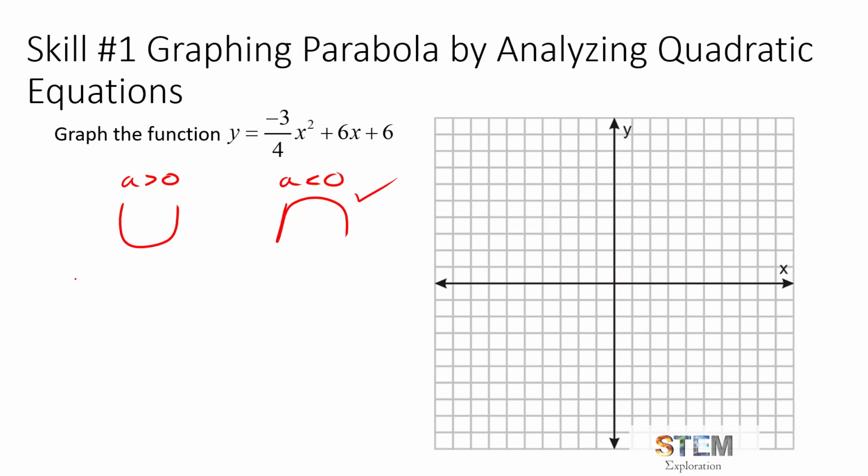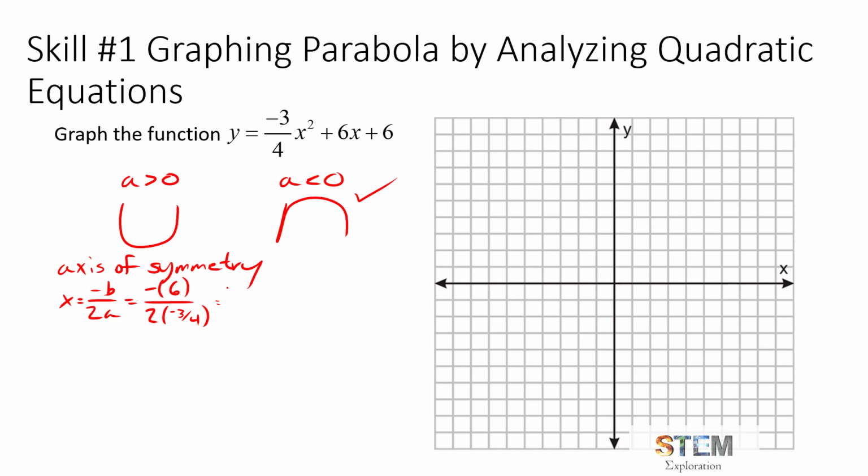And now the second thing that we have to find is the axis of symmetry. The axis of symmetry is always equal to x equals -b all over 2a. In this given case, b is equal to 6, and a is equal to -3 over 4.